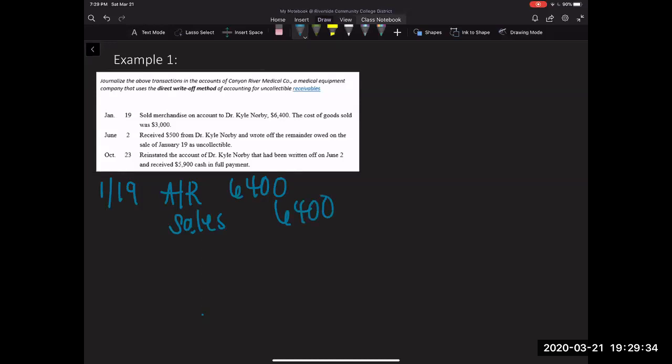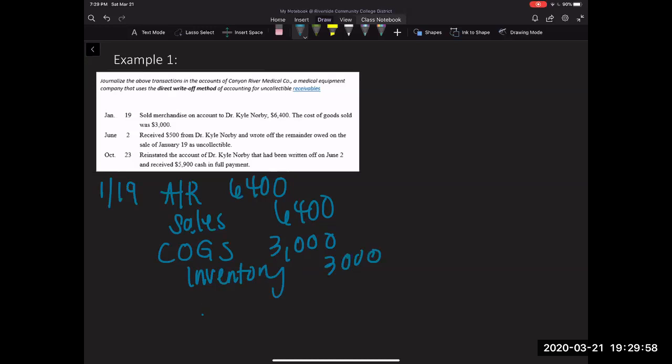Now, we also need to record the cost of goods sold. So don't forget chapter number 5, right? Our debit is going to be cost of goods sold of $3,000, and then my credit is going to be to inventory. Hopefully you're feeling good about this particular part.